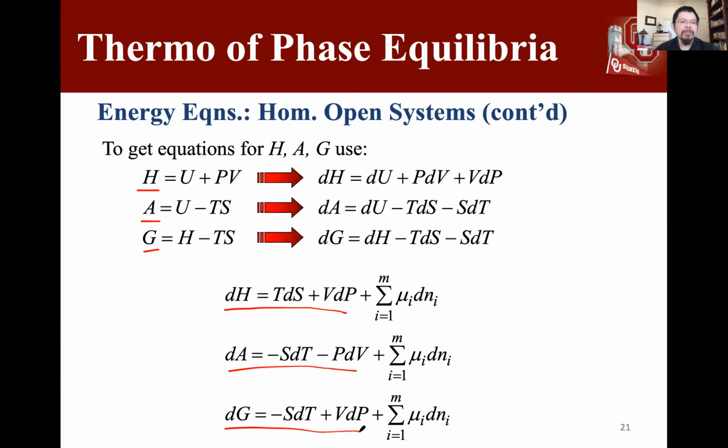for the one component pure phase. And then we just need to add the contribution due to the existence of multiple phases or multiple components. So this is why we need to involve those other terms.